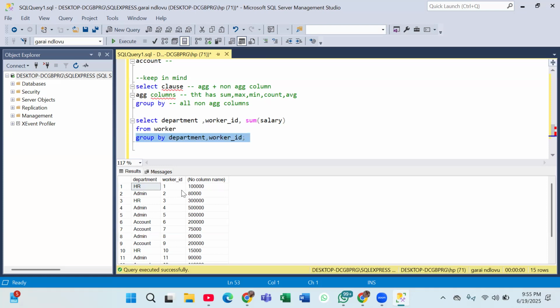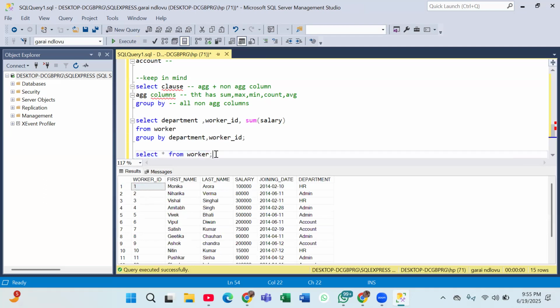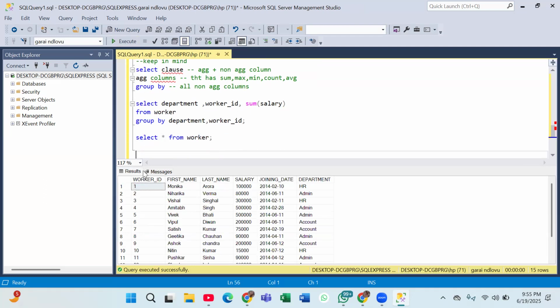Okay, so let me give you some questions so that you can understand it much better. This is my worker table. Everyone is aware of this worker table now, right? Worker ID, first name, last name is there. Worker salary, when they joined, and their department is there, right?